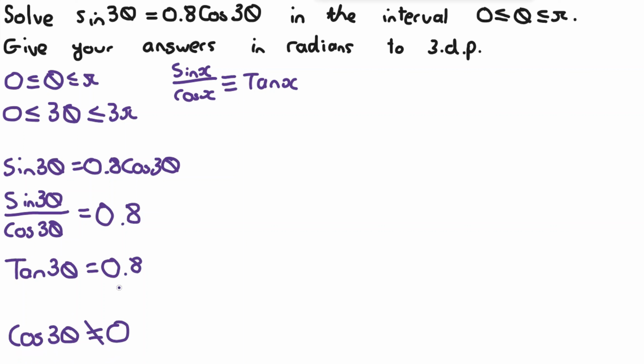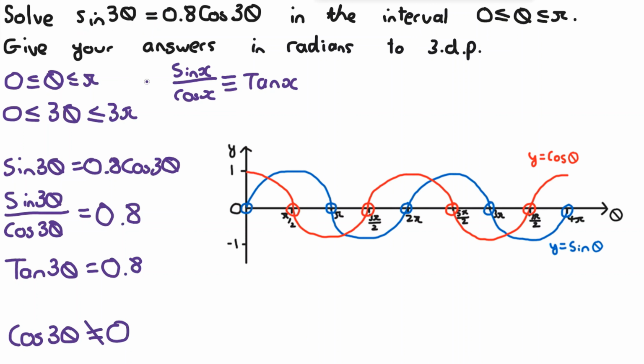Now, it's kind of difficult to understand, right? But the reason is because if cos of 3 theta equal to 0 was a solution, then this side would be equal to 0. And in order for both these sides to be equal to each other and for this to be a solution, this side would need to be equal to 0 as well. And there is no single value of theta for which both sin of 3 theta and cos of 3 theta are both equal to 0 at the same time.